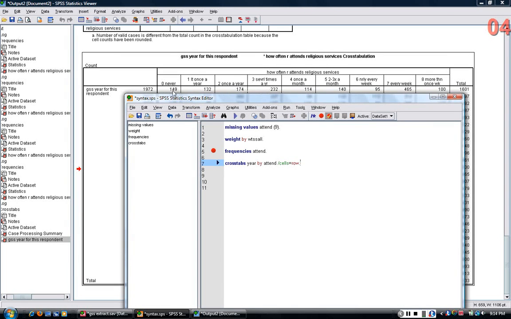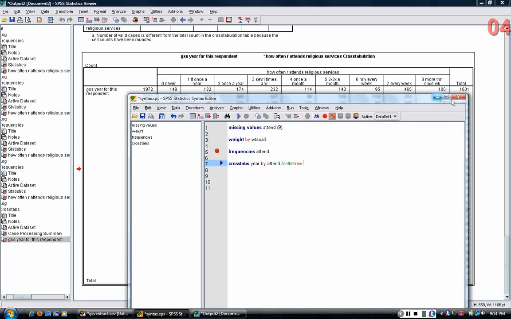So, in other words, it would calculate 149 divided by 1601, and then multiply that by 100 to get the percentage. It would be 132 divided by 1601, times 100, to get the percentage in that column.